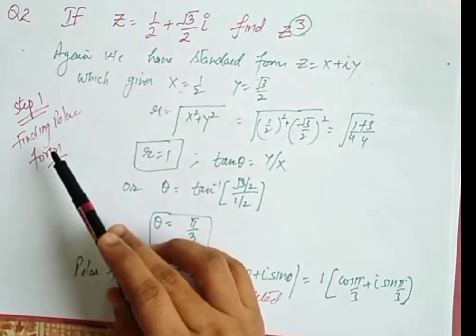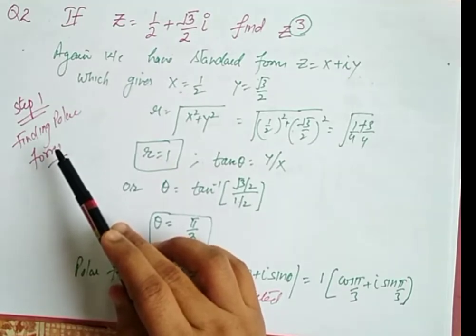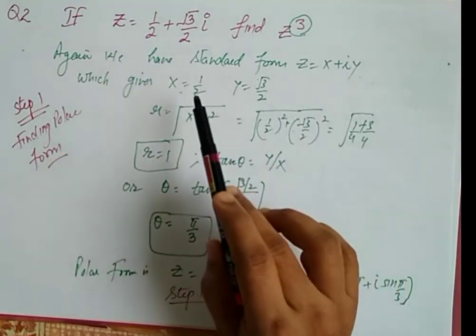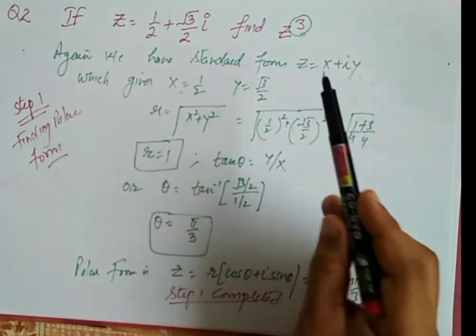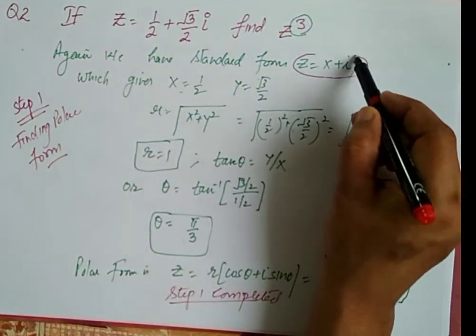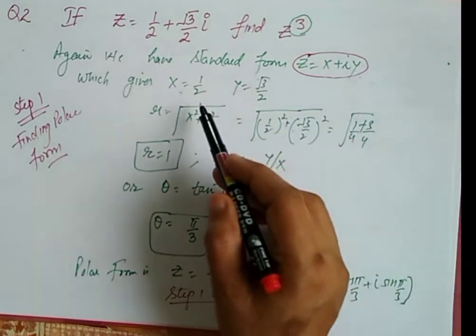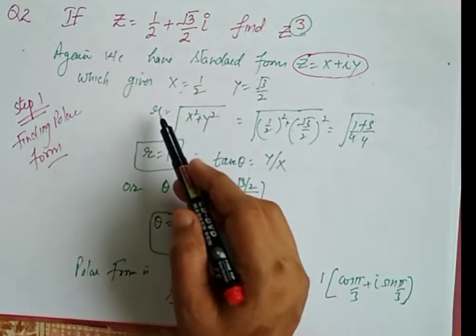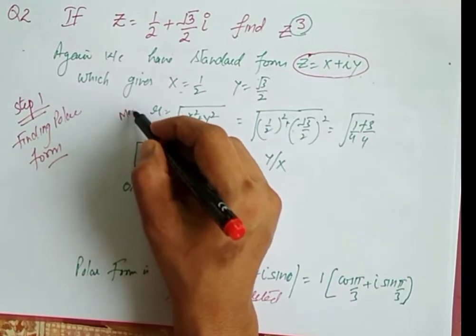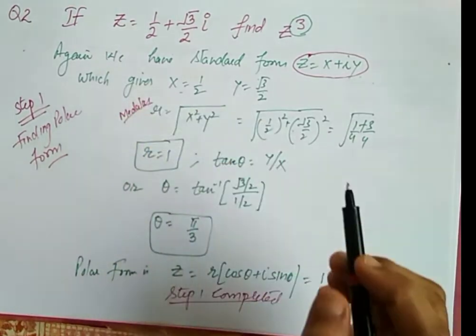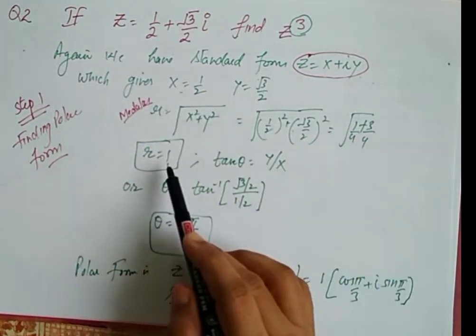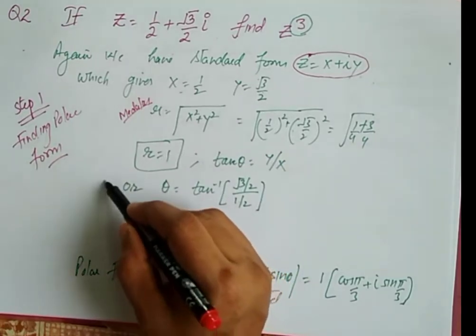We have done this calculation of polar form many times. Again, let us see once more. You compare the number with the standard form z equals x plus iy. You find the value of x and y. You find the value of r, known as the modulus. Once the modulus is known, you find the value of the argument.